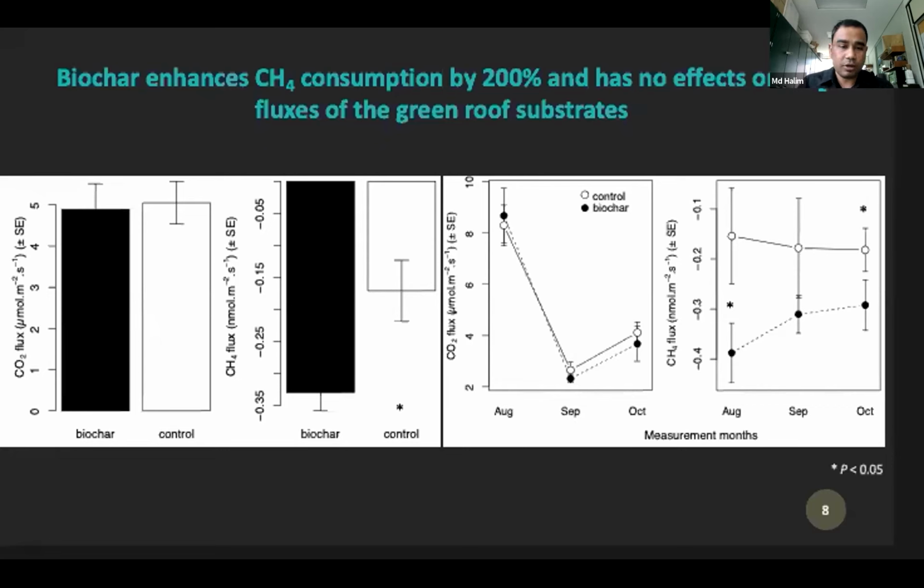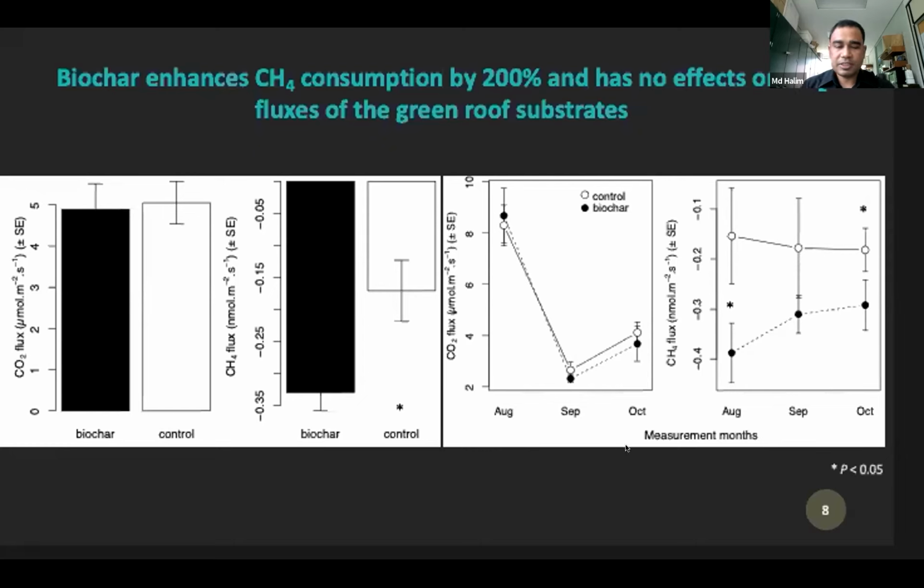But in biochar plots, the consumption rate is about 200% higher than the control plots. The magnitude of both CO2 and methane fluxes varied with months of measurement, but for the methane consumption in biochar plots, throughout the measurement months, we observed higher methane oxidation.